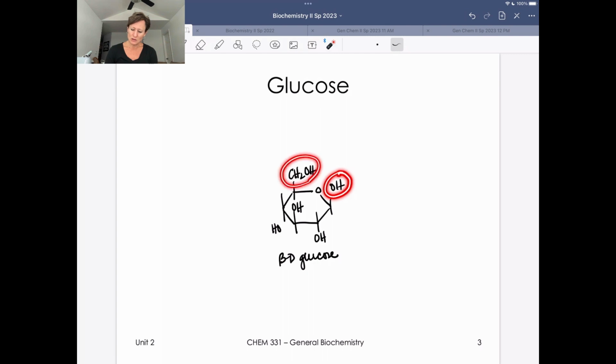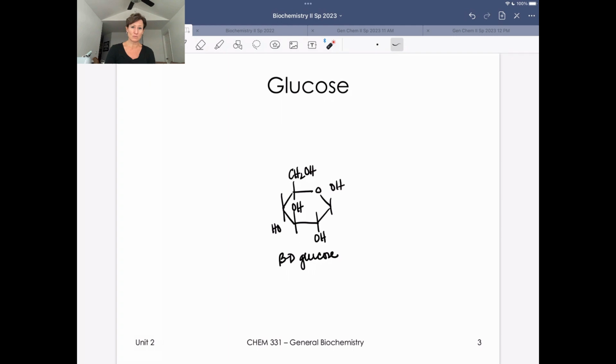It's beta D-glucose because both of these functional groups are on the same side of the molecule. Alpha D-glucose would have this hydroxyl group down there. But beta D-glucose is nature's favorite sugar because when we consider this as a chair conformer, this is the only configuration of this 6-carbon sugar that can have all of the bulky substituents in equatorial positions. So beta D-glucose is the only one that can do that.